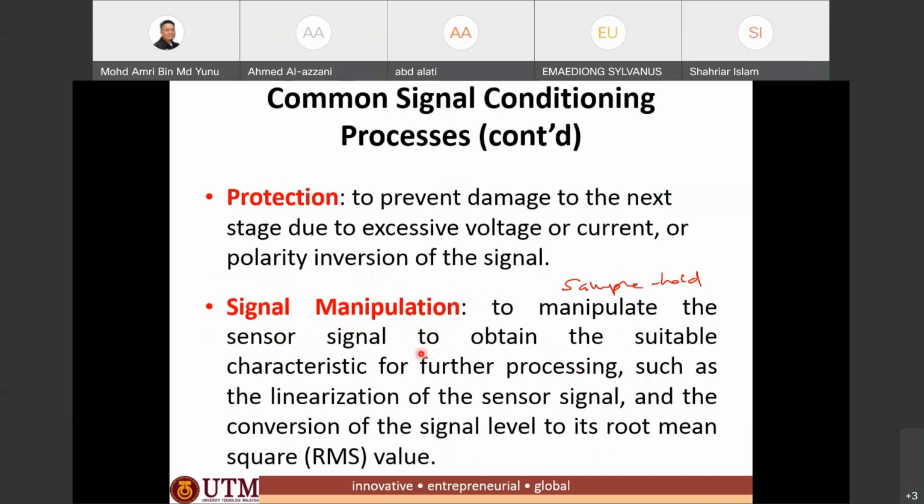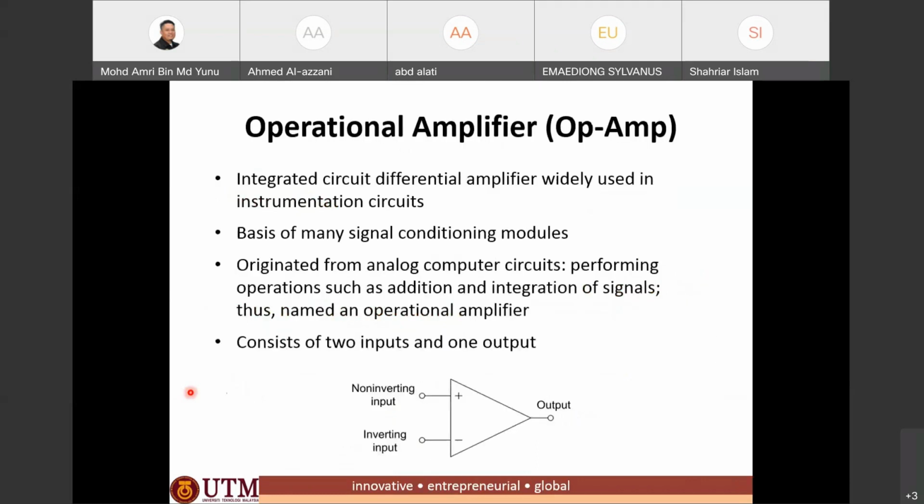Signal manipulation is like linearizing an output which is non-linear into a much more linear output, or where you have an AC signal and you want a DC output which represents the RMS value. Those are signal manipulation.